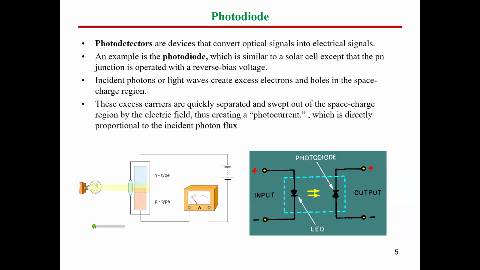So if you have a source of light like LED, and LED is one of the lights as well, what will happen? This light or photons will be applied to the photodiode, and when you apply this to a photodiode, it will send an electrical signal.